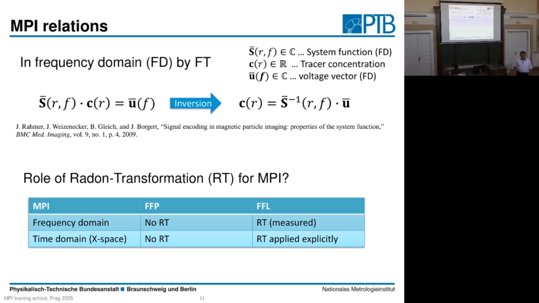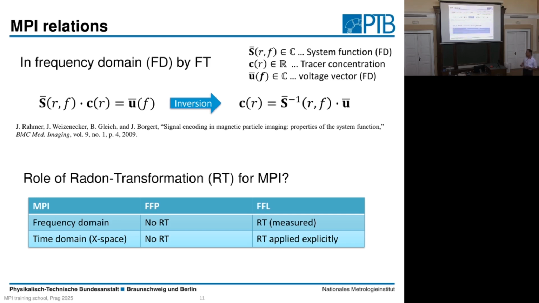So the part of Fourier in MPI we have, but what is the role of the Radon transformation? At first attempt, I had nothing. And that's true, but only for the field-free point MPI. If we change the excitation to a field-free line, we excite a whole line. This is exactly the same as what we have in the Radon transformation.